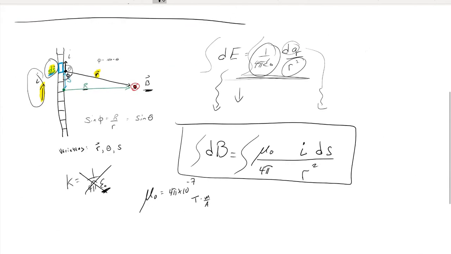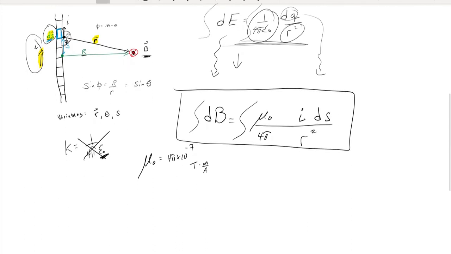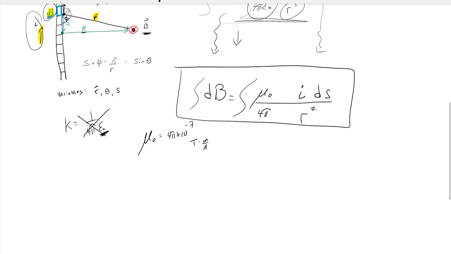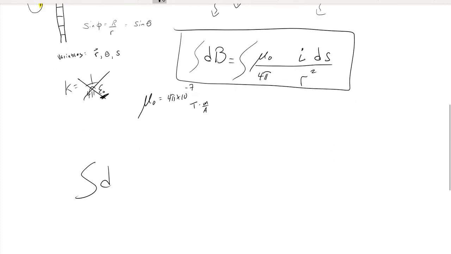So let's come over here and look at what we have. Well, I don't even have big R anywhere in this integral, but I have little r and I have ds. Let's bring out all of the constants. If we do that, we have mu naught, 4 pi, and the current I. And we have ds and r squared. Okay.